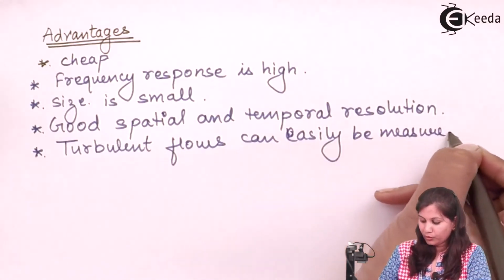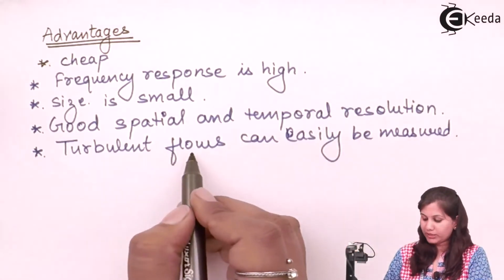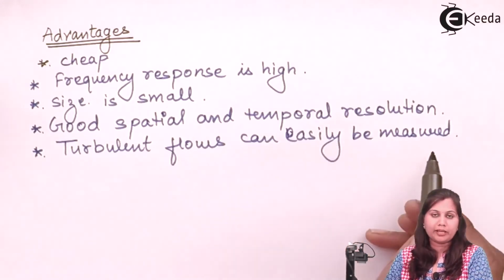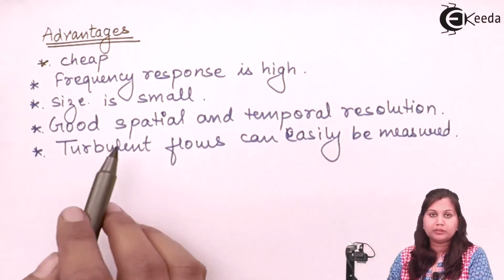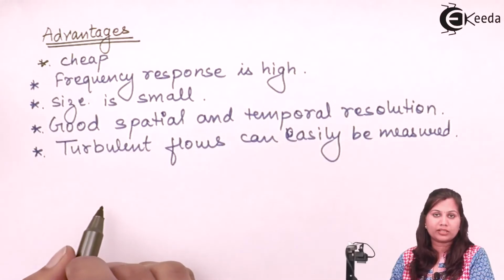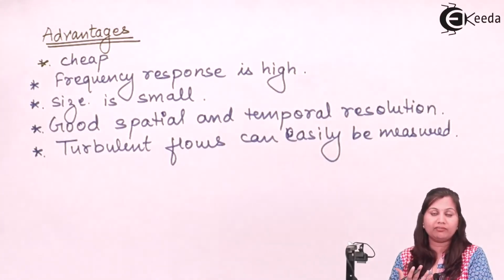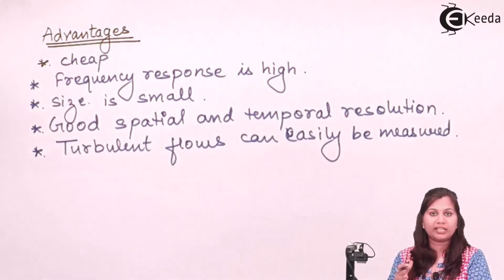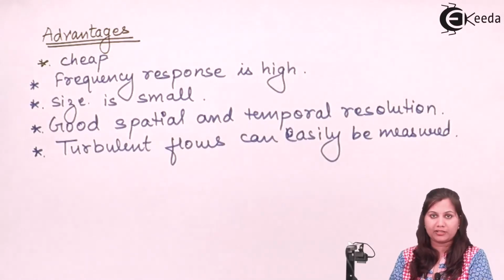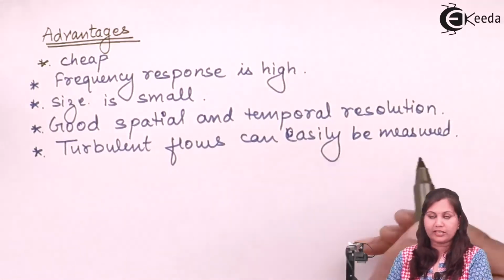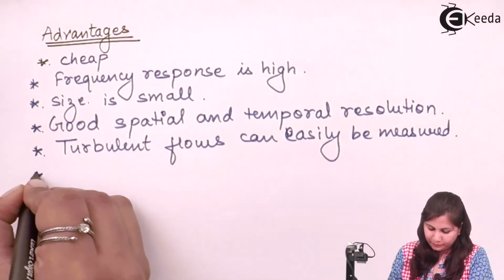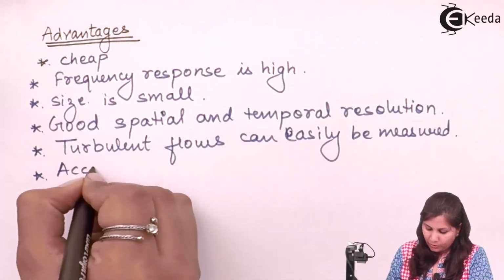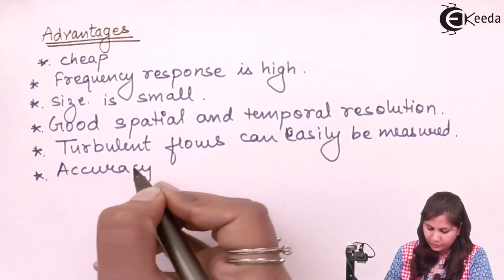Also turbulent flows can be easily measured with the help of them. Turbulent flows means flows which have very high turbulence, where very high changes are taking place, and flow rate variations are taking place at a very fast rate. So turbulent flows can also be measured. Also its accuracy is good.